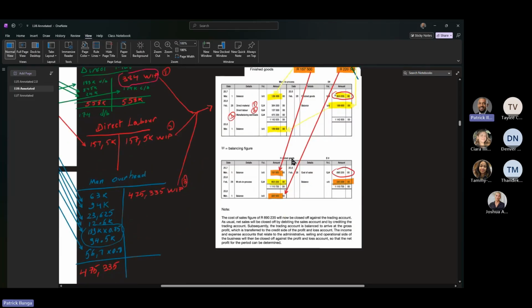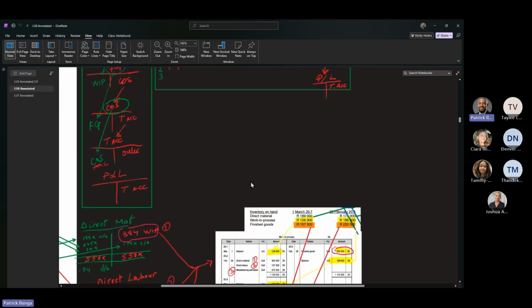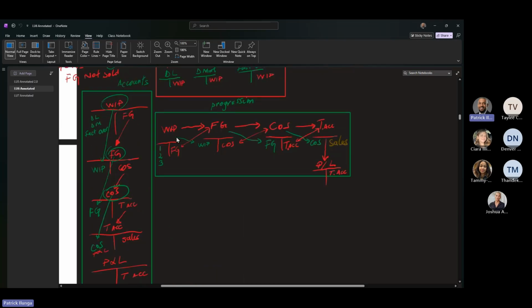Do you see the finished goods? Do you see the work in process? All right, guys, so relax, but this will tell you where the work in process will go. Does that make sense, guys?